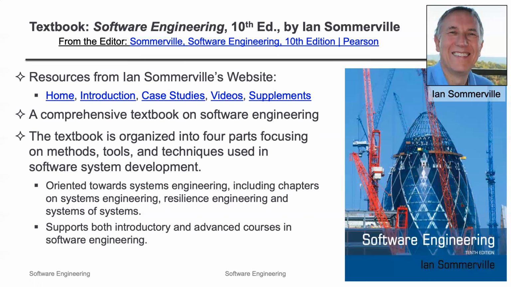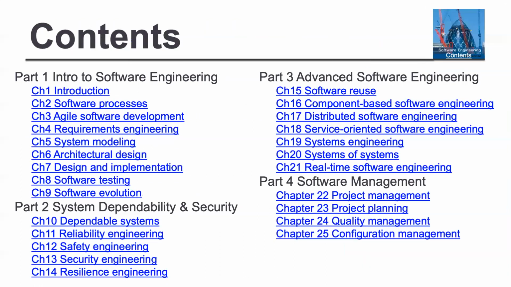I think you'll like that. It is definitely oriented towards system engineering, which is a term hopefully by the end of the class you'll get a better understanding of. It includes a lot of chapters on engineering, resilience, and system of systems approaches, and it offers both introductory and advanced perspectives on this.